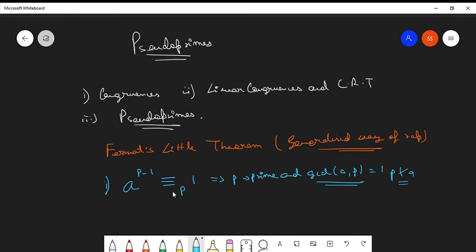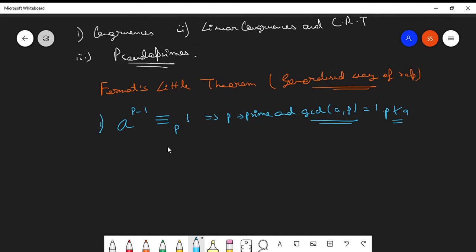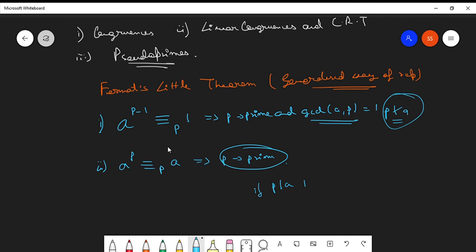And there is one more method of writing this, which is a to the power p is congruent to a mod p. This needs only p to be prime, nothing else, no restriction needed. The reason is that if p divides a, then p divides a to the power p.